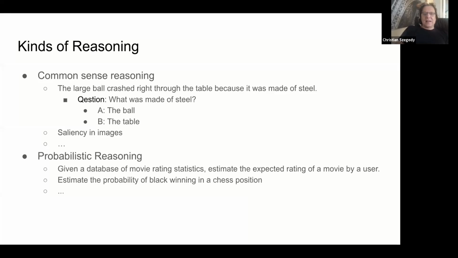There are other kinds of reasoning that are still fuzzy, but they are less reliant on everyday experience or resolving ambiguities. One is probabilistic reasoning, when we just do standard machine learning to give some estimations. For example, if you have a chess position, then AlphaZero, that's a famous chess program by DeepMind, can estimate the probability of somebody winning the position.